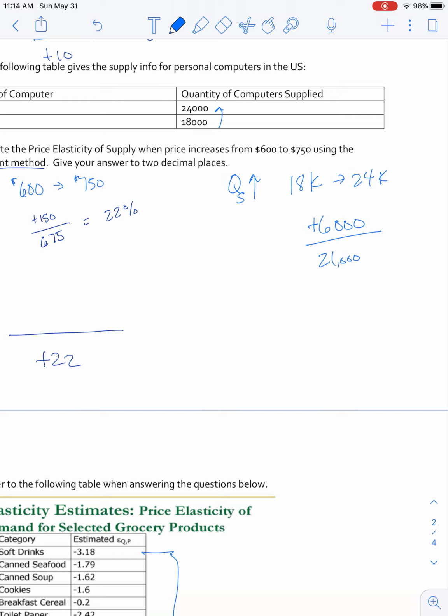I'm using an old financial calculator which automatically rounds to 2 decimal points. Let me check this on my phone. 6 divided by 21. Yeah, 0.2857. So that's pretty close.